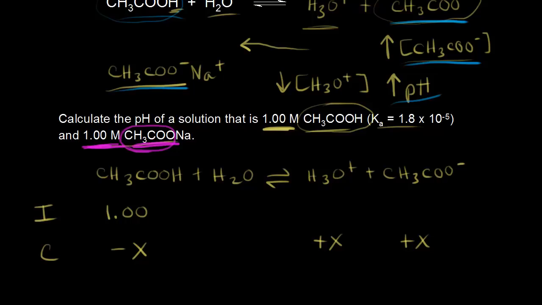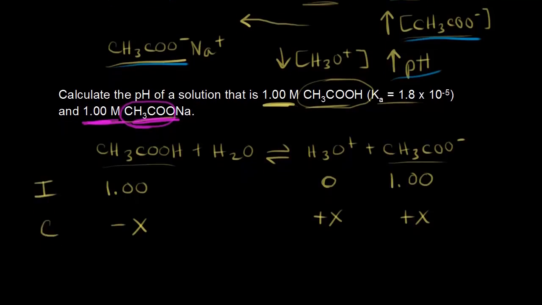Let's go ahead and put in that concentration. The acetate ions come from two sources. Once again, one is the ionization of acetic acid, and one is the sodium acetate that you add in to make your solution. That's how I like to think about it. So your initial concentrations would be 1 molar for acetic acid, 1 molar for the acetate anion, and then pretty close to 0 for hydronium.